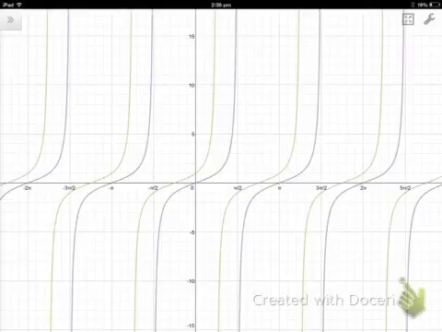This one here has been translated a certain number of places to the left. So if I magnify a bit here, you'll be able to see that. In fact, here it is originally, the purple graph, and here it is now. How far has it been moved? It's been moved to negative pi on 4.